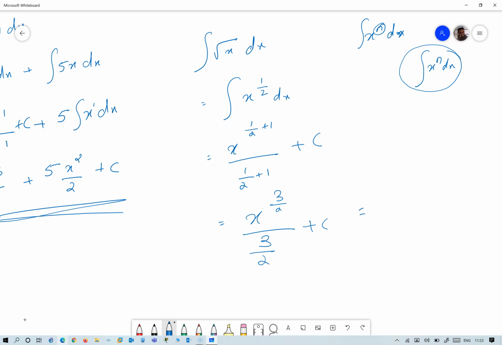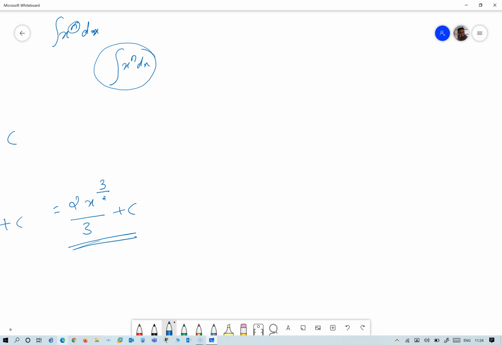And just to simplify this further, to give it a better appearance, 2x to the power 3 over 2 over 3 plus c. Now, what happens if you get a question to integrate a constant?